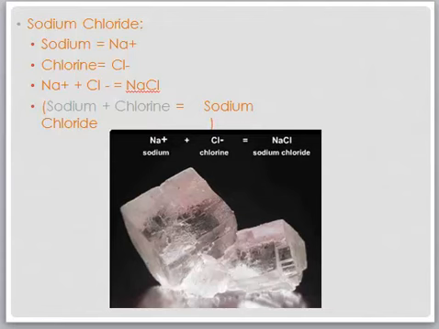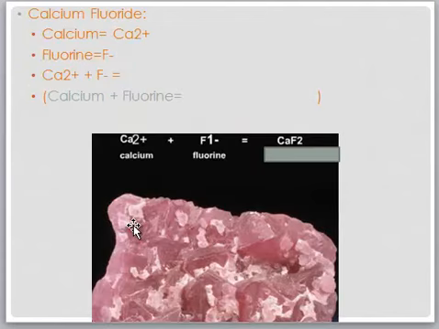Let's look at another one. You've seen this one in your online lesson. Calcium fluoride. Calcium is Ca2+. Fluorine is F-. Now in the picture they've given you that one just as a reminder that there's only 1 fluorine atom.